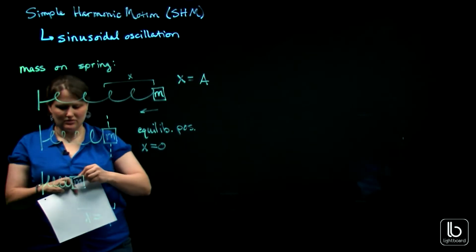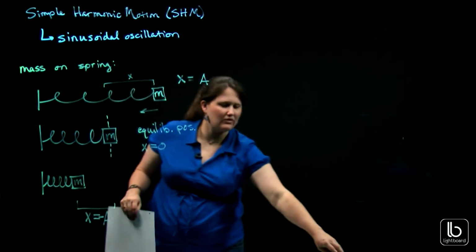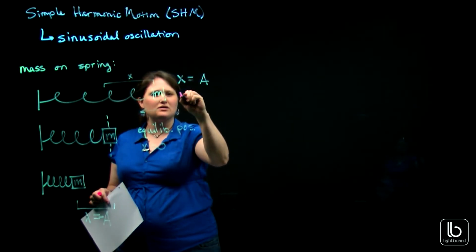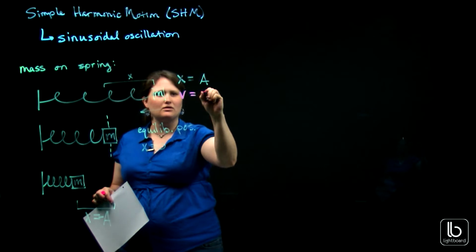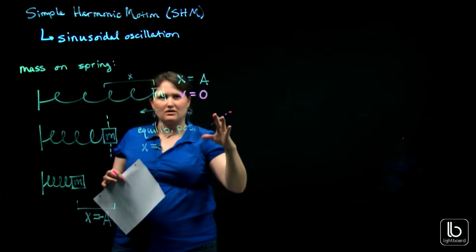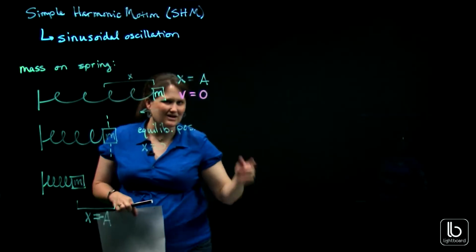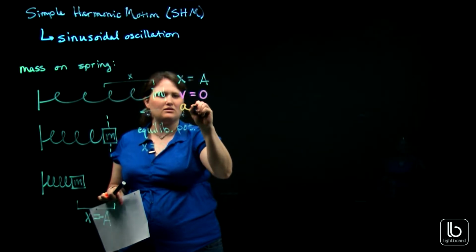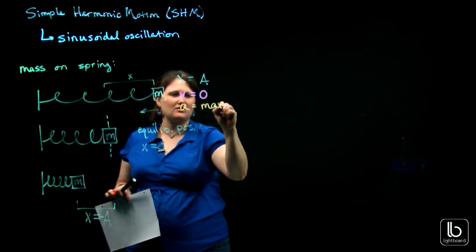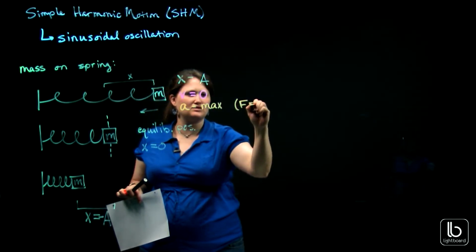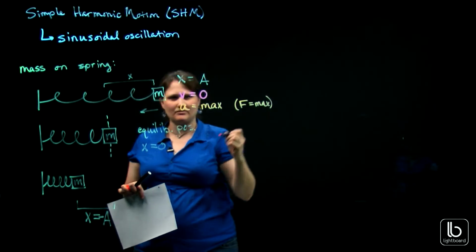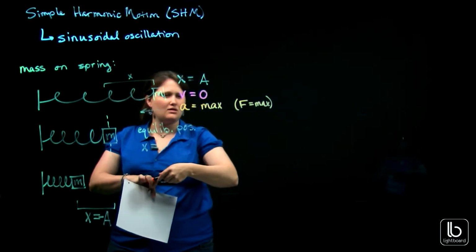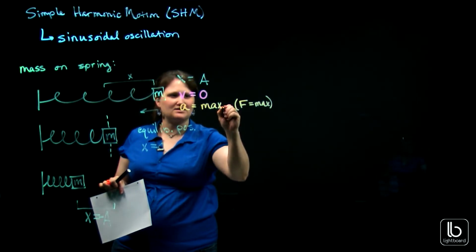So what about velocity? Well, we said that here our initial velocity starts at 0. But I have a maximum acceleration here, because my force is at a maximum. And just to be clear, this isn't like mass times acceleration times x.